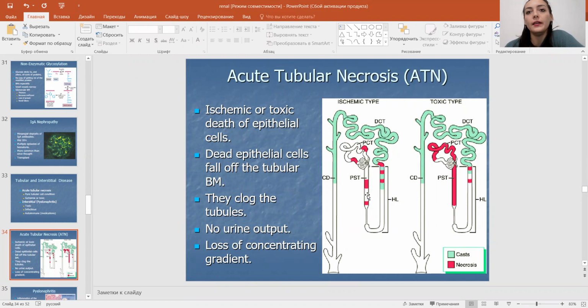You can see in the red, these are parts of necrosis. The epithelial cells fall off the tubular basal membrane and clog the tubules. No urine output, loss of concentration gradient. Two types, ischemic type and toxic type.